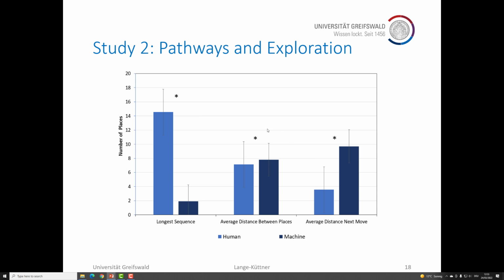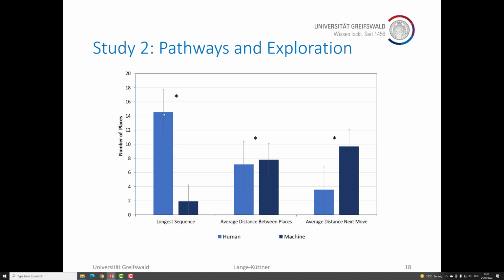This is an overview of the longest sequence and the average distance of the next move. There was a significant difference between the human and the machine player in terms of average distance between places, but it was significant but not very pronounced. But the longest sequence again showed a very pronounced difference.